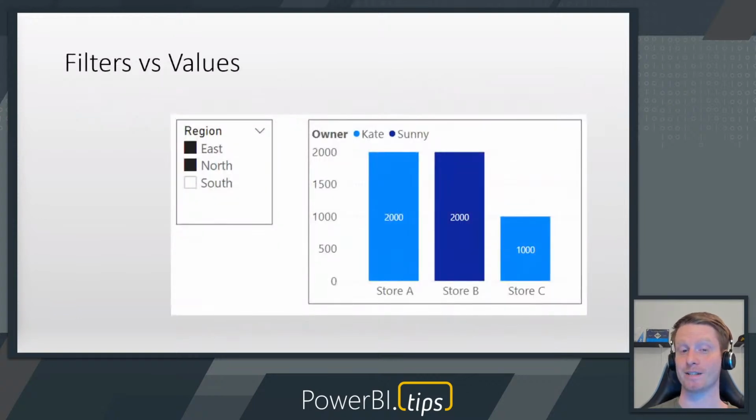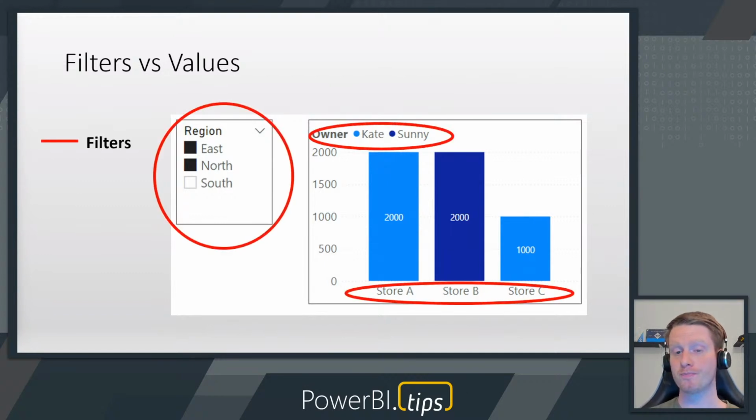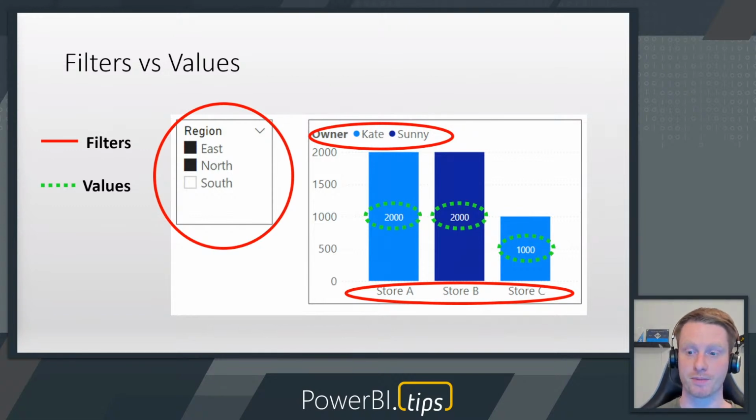Another way I like to put that is filters versus values. The filters are anything that changes the numbers or alters how we view a certain measure, and these should come from the dimension tables. Then we have the values, which are the numbers themselves.